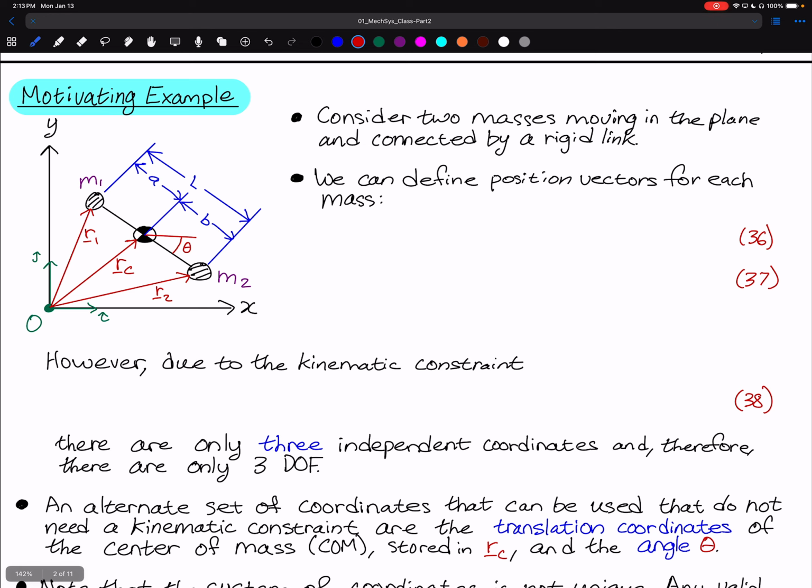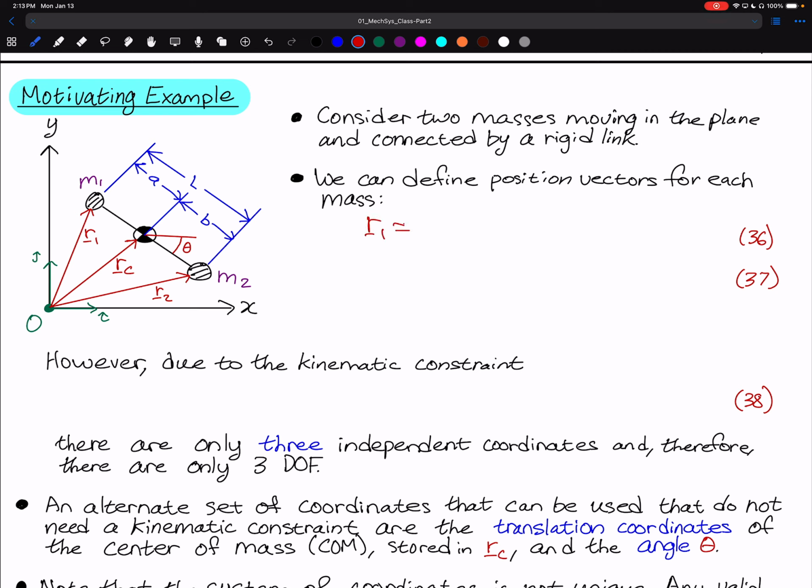In this case, we're considering two masses that are moving in the plane and are connected by a rigid link shown here. I've gone ahead and drawn three different position vectors, R1, R2, and then RC, which is at the center of mass. So first, we're going to define two position vectors, R1 and R2, for each mass.